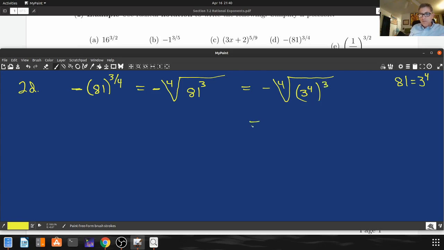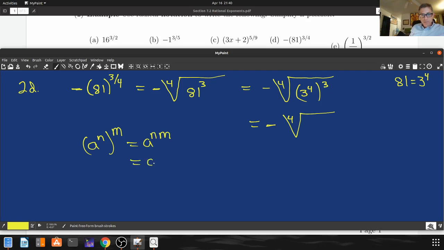So you've got to get used to this trick right here. Our law of exponents says a to the nth power itself raised to the mth power is equal to a to the n times m.